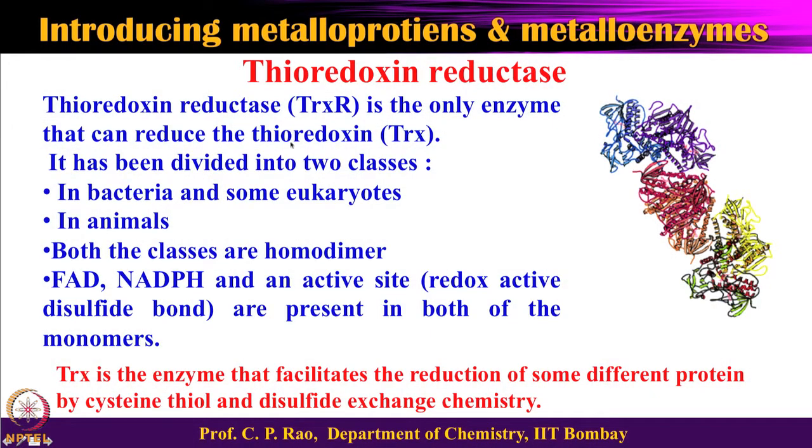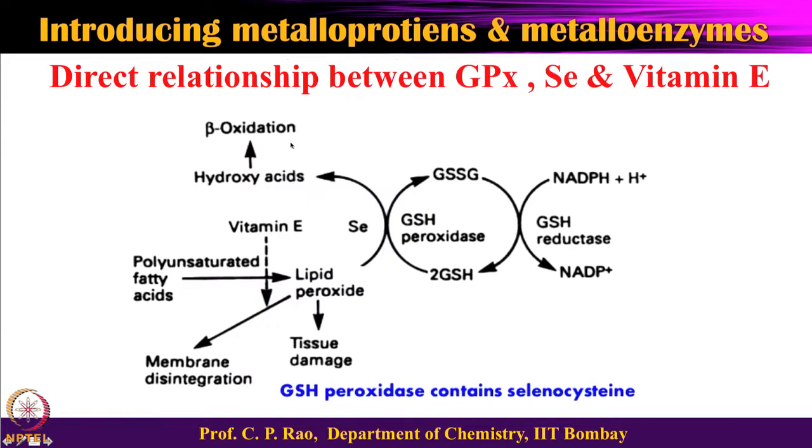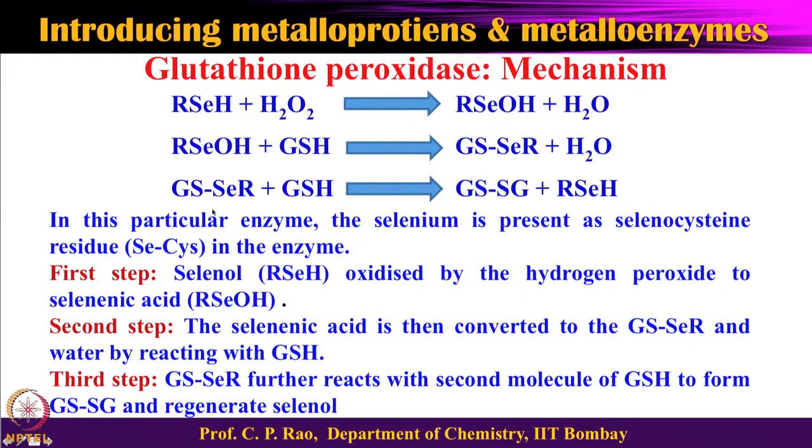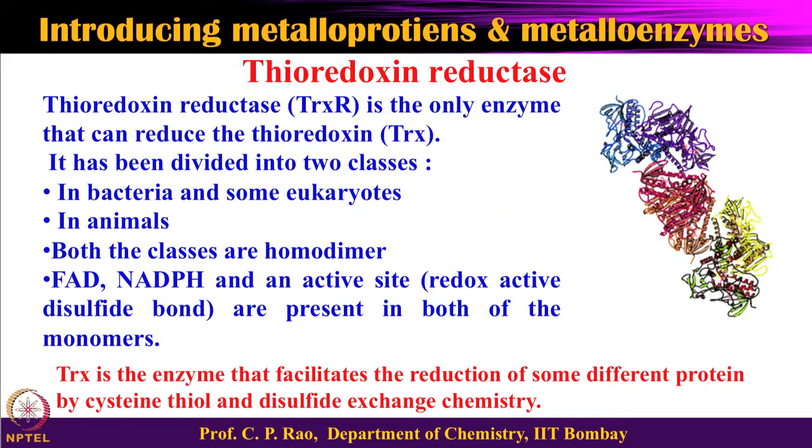Now, you have thioredoxin reductase also. So, as I have talked to you earlier, there are 2 parts there. So, this is the thioredoxin reductase, and this is glutathione peroxidase and then glutathione reductase. Okay. So, now let us look for a while at this thioredoxin reductase, which is called TrxR.